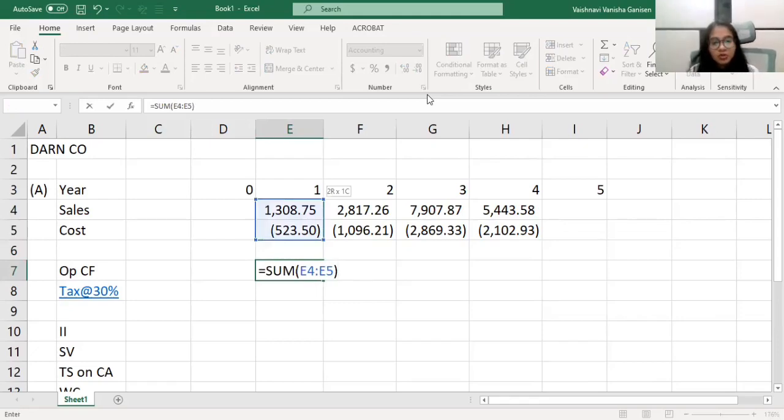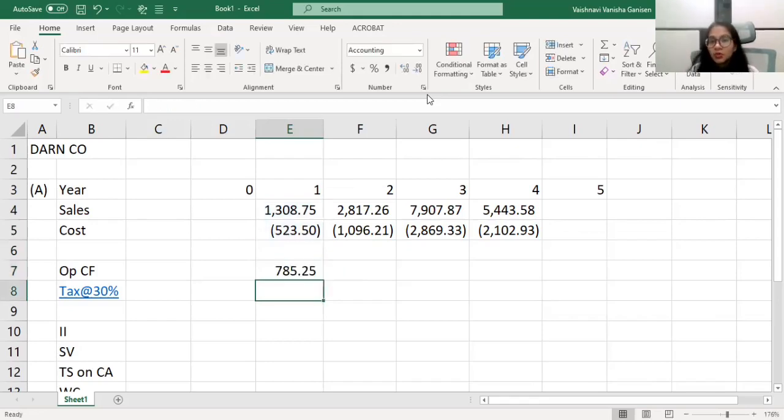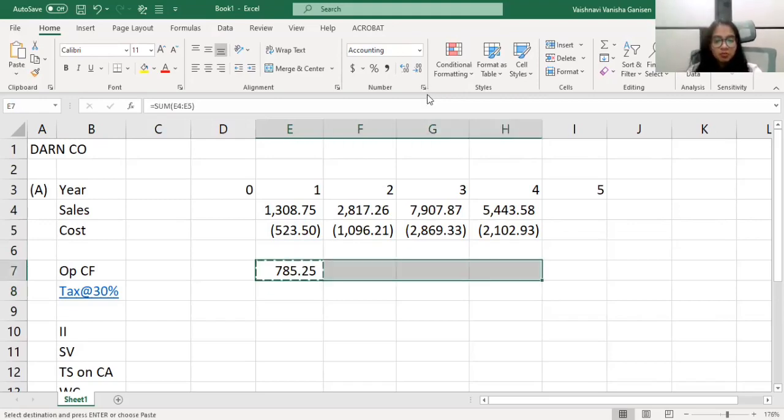So equals to SUM open bracket, you highlight year 4 and year 5, row 4 and row 5, you enter, and it will give you your operating cash flow. What you do from here is you copy and you paste it from year 1 all the way to year 4.